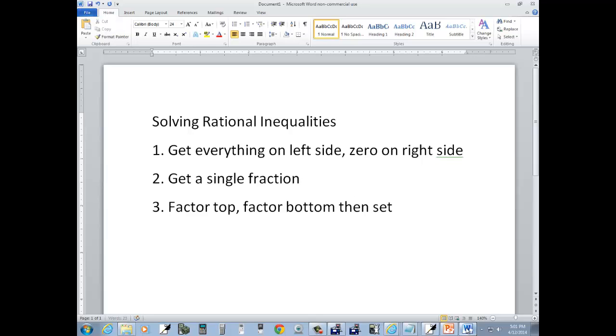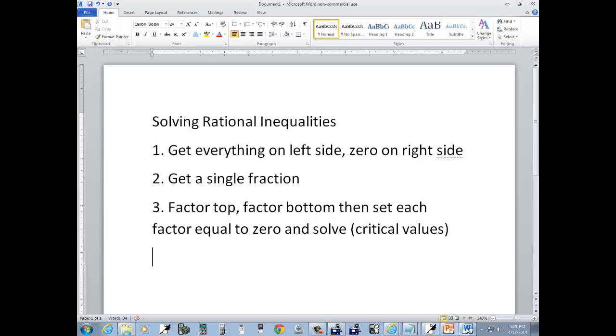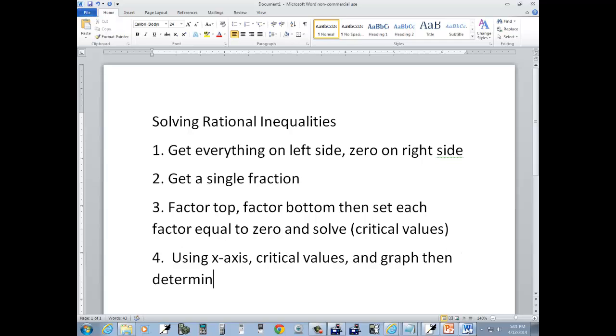Then set each factor equal to 0 and solve. And these are critical values. And in step 4, using the x-axis, your critical values, and the graph, then determine your answer.